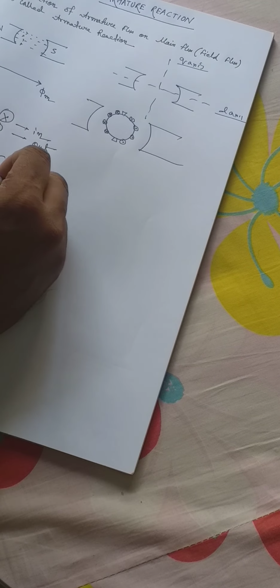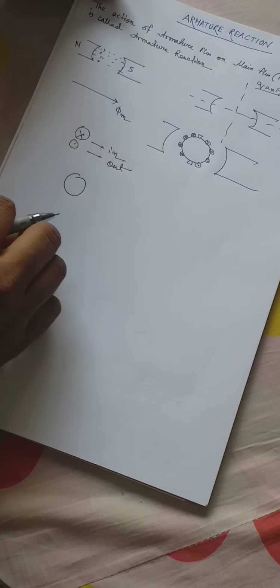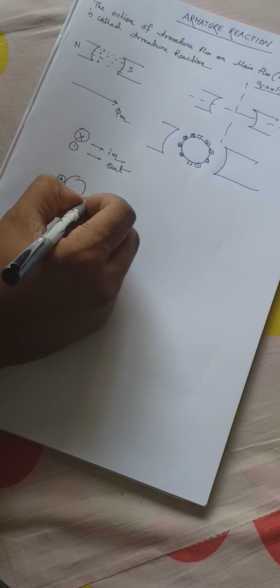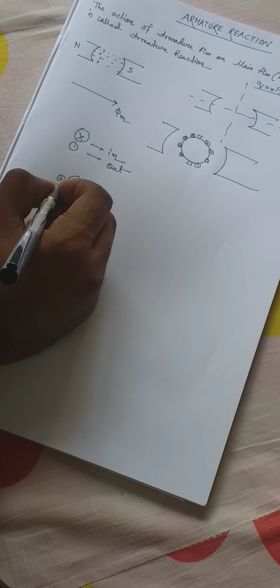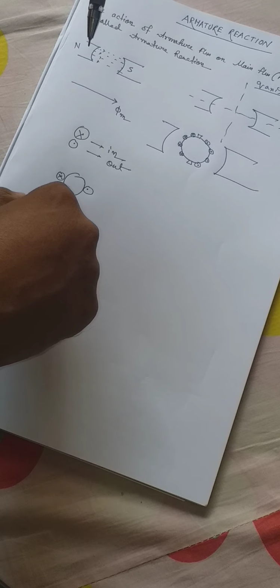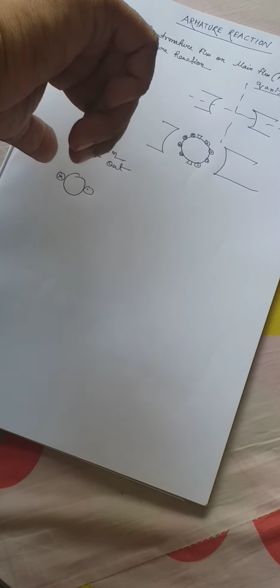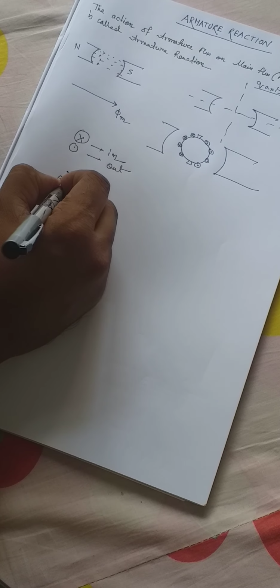So suppose here this is a dot and this is a cross. Cross means current comes in, going outward, and flux direction is this.